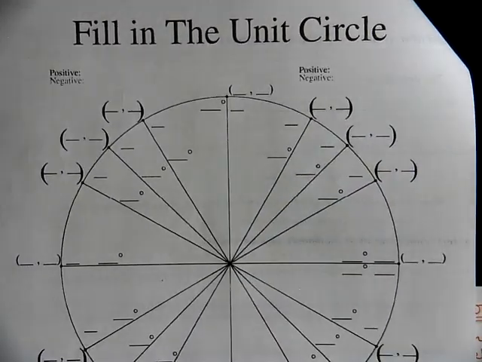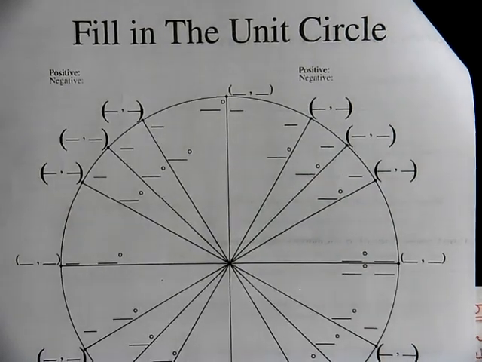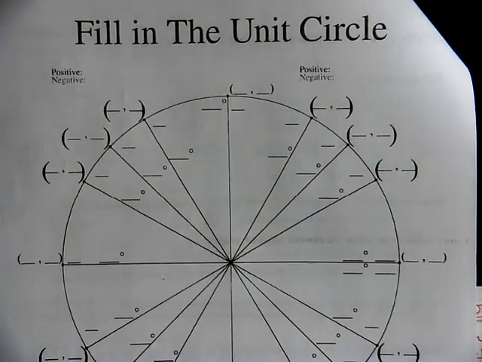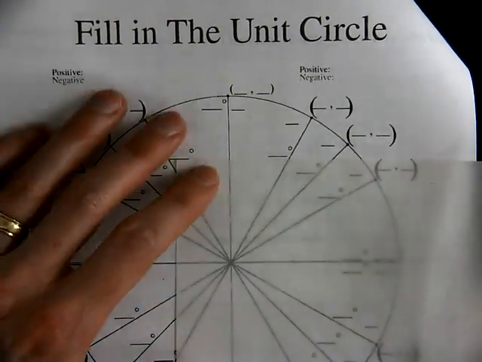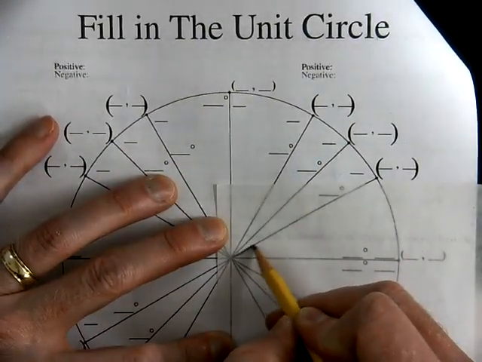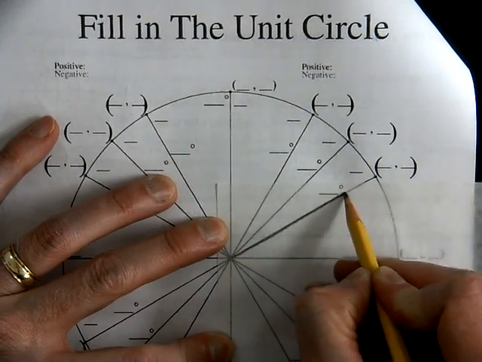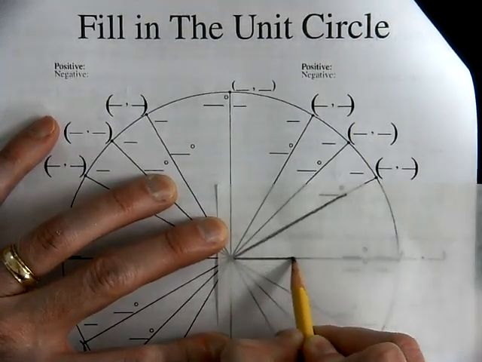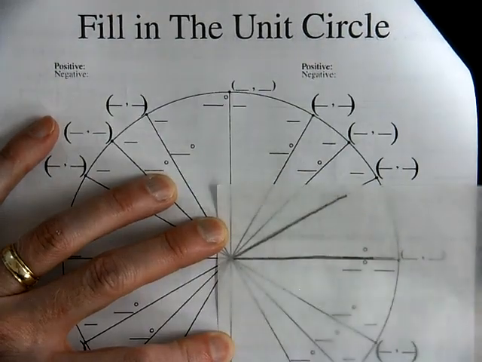So here is our unit circle. Today we're mainly going to focus on the degrees and the radians of filling out a unit circle. This is very doable. So I'm going to take tracing paper and I'm going to trace out this first angle.